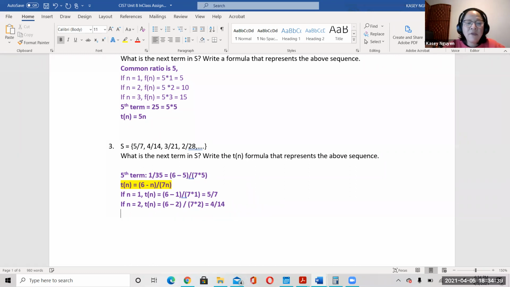If you want, you can do n equal to 3: t of n is equal to 6 minus 3 divided by 7 times 3, which gives you 3 over 21. That's what we see here.